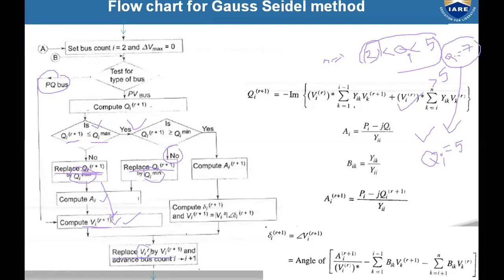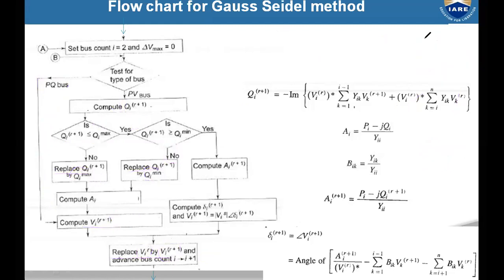You have to replace the VIR with the updated value VIR plus 1 and advance the bus count to the next bus. The third bus is finished, next you have to check the fourth bus. Like this you will do the procedure. If it is a PQ bus, you come this way. If it is a PV bus, you come in this way. Like that the voltage at all the buses will be calculated in the first iteration.